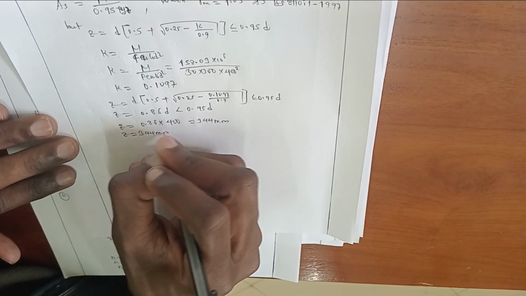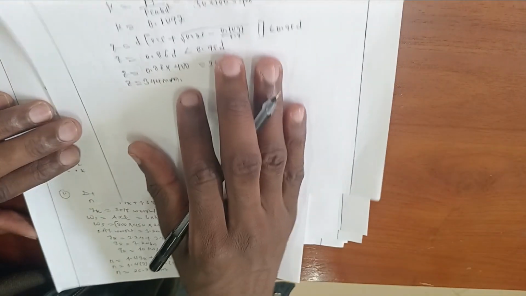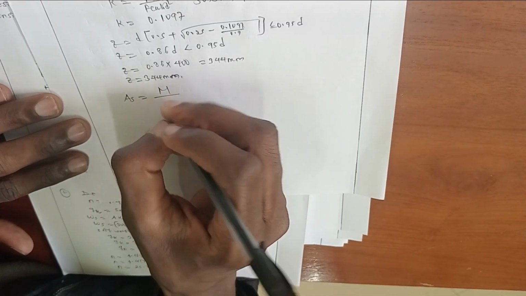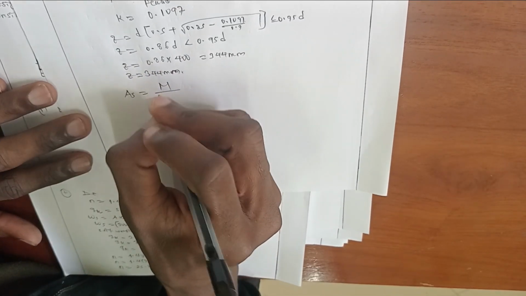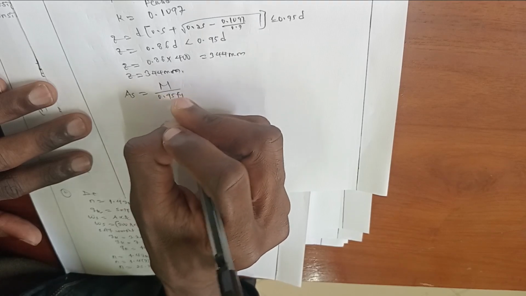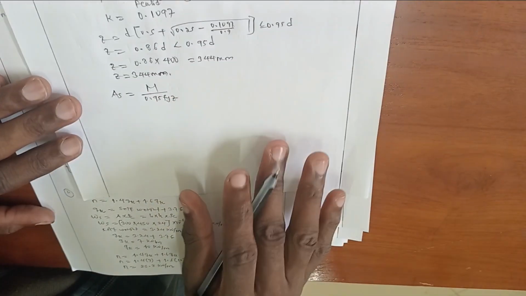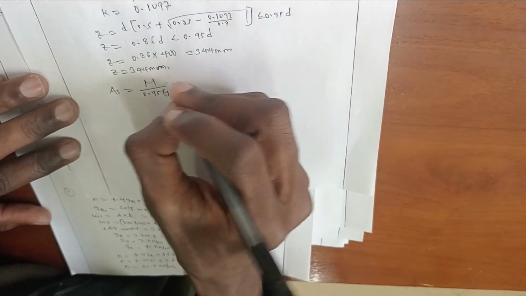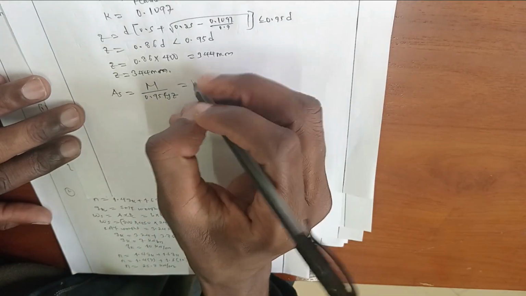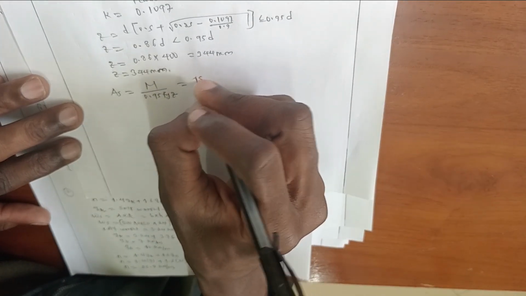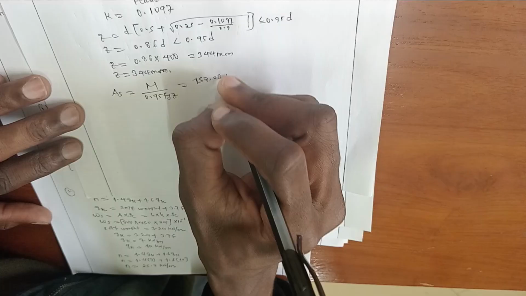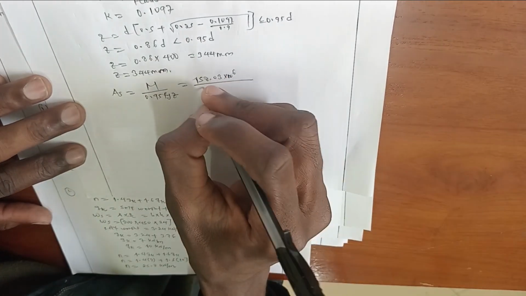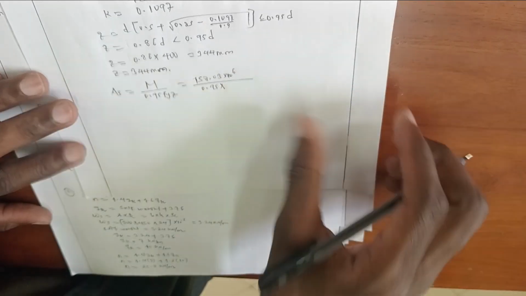354 millimeter. Now, area of tensile steel. Area of tensile steel will be equal to maximum design moment divided by 0.95 Fy Z. Fy is reinforcement strength. So maximum design moment is 158.03 times 10 power 6 Newton millimeter over 0.95 times Fy.